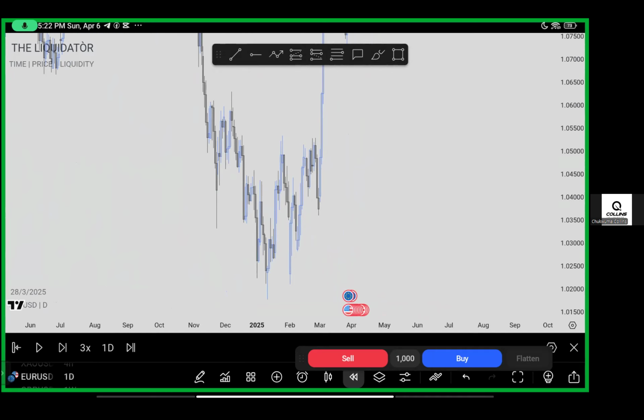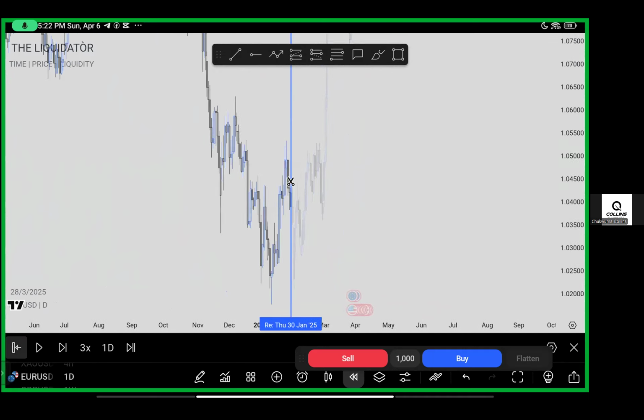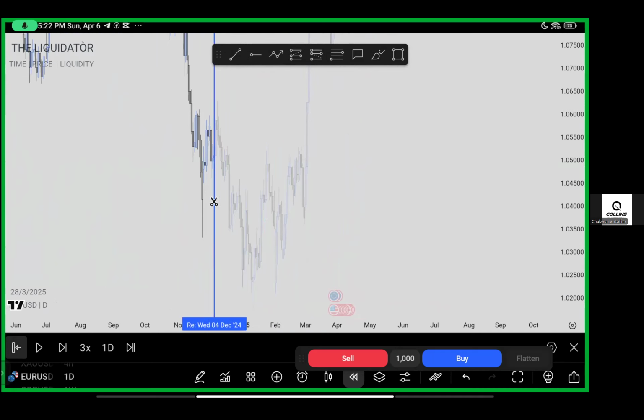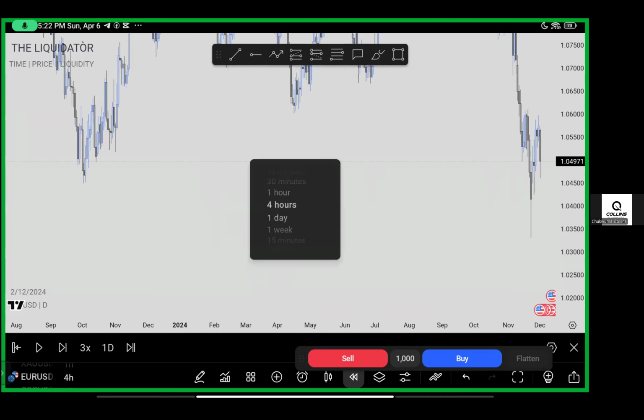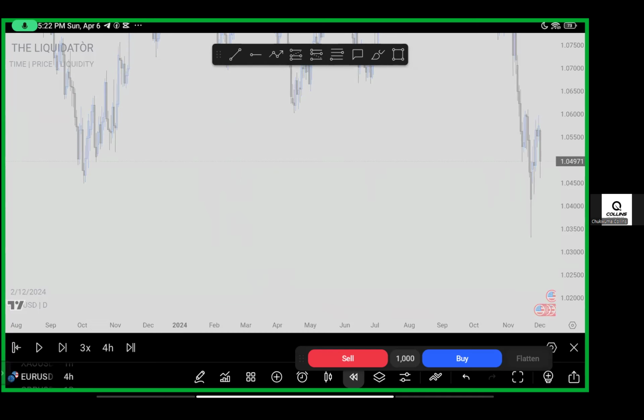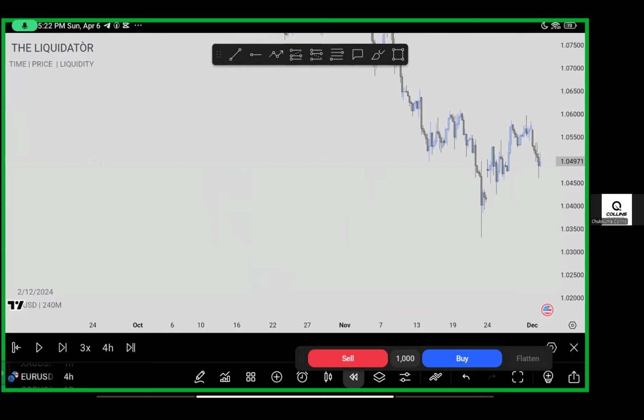If you are paying attention to the double breaks, you are going to know where the inducement is on the market. Let's go to the 4-hour time frame now and spot a range before we take a trade.